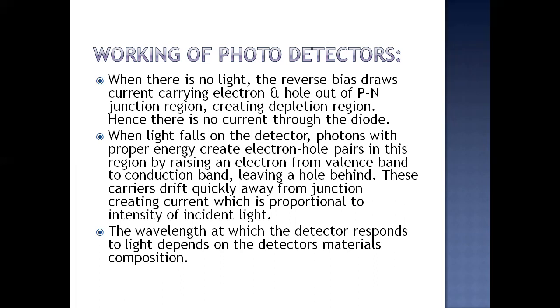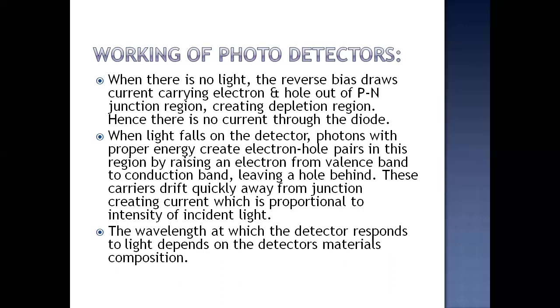If the composition changes, obviously the incident wavelength should be changed so that sufficient energy will make those electrons drift from the valence band to the conduction band. This is the basic principle a photodetector follows, that it should be operated in reverse bias condition where it is illuminated with light energy.